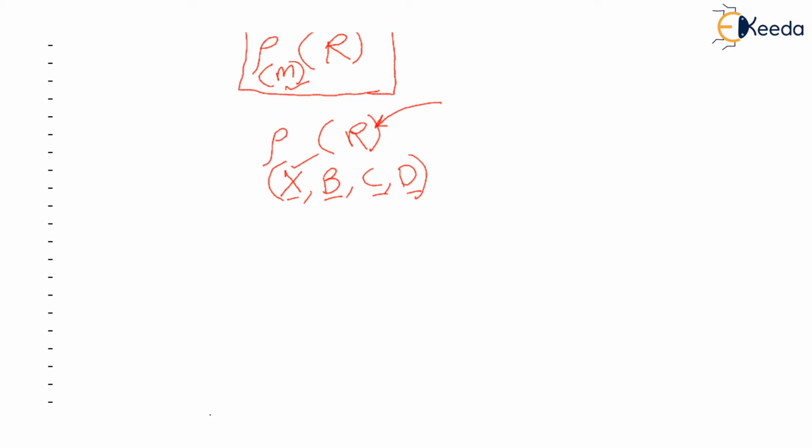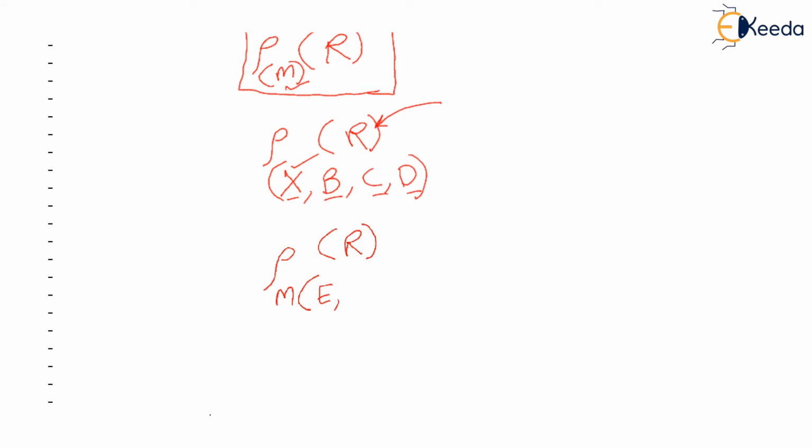The original table name is R, but the new table we want is M. And in this table M, you know that the original column names were A, B, C, D, but now the new names we want is E, F, G, H.